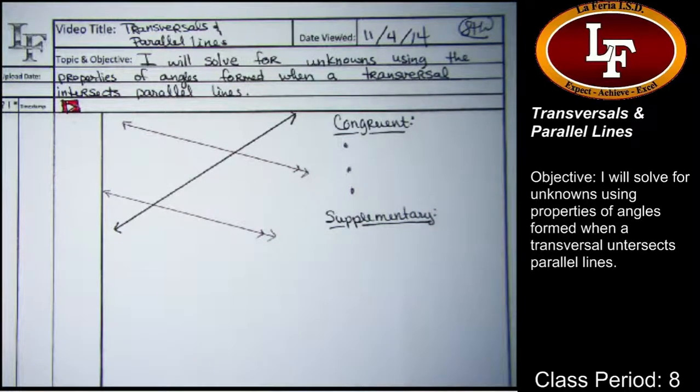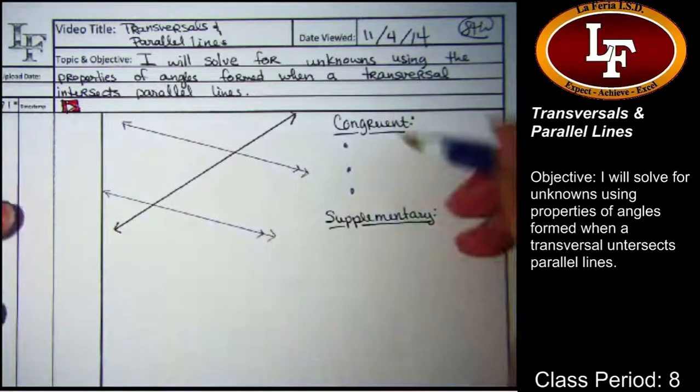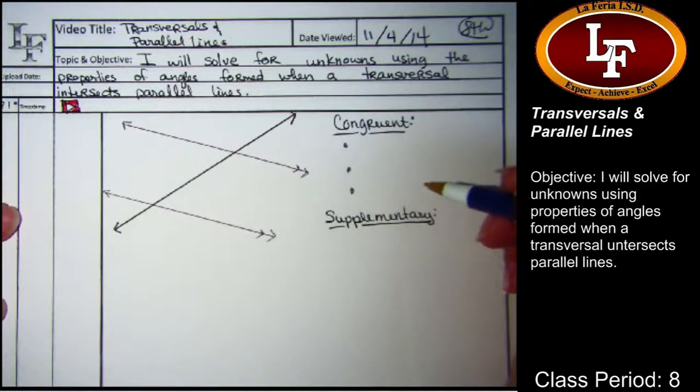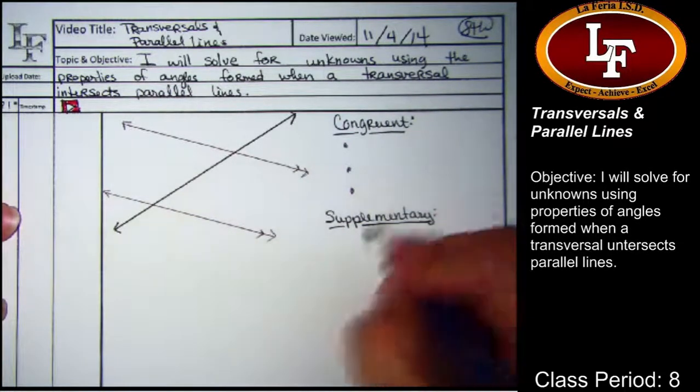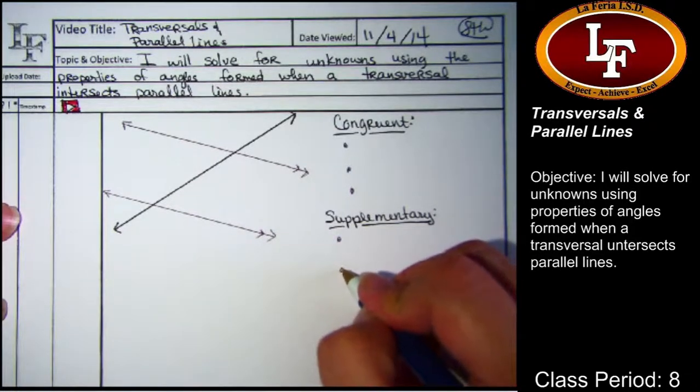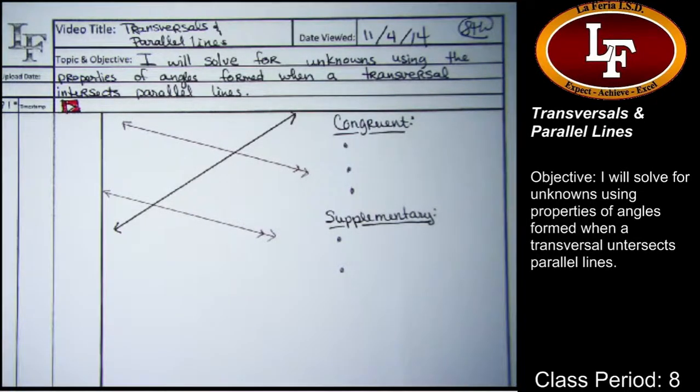Same size, same shape, which means their measures are? Equal. Thank you. So these 3 angle pairs are going to have equal measures. And then you have these other 2 here that are supplementary, which means that their measures add up to? 180. Yes, 180.